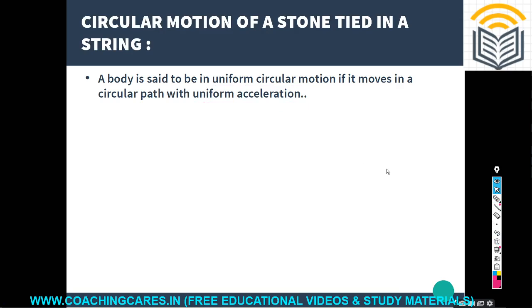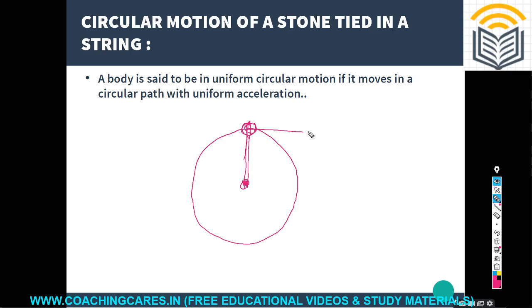Now we'll understand it with an example. We'll study a stone tied to a string. Suppose a person is moving one stone, which is tied with this string, and a boy or a person is standing here at this point, moving this stone around in a circular way.